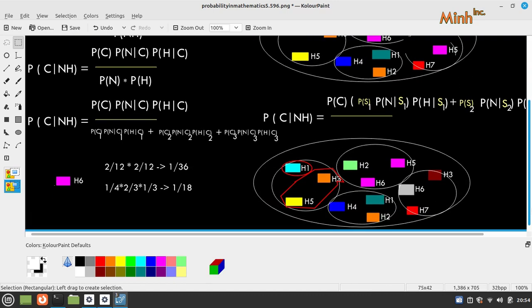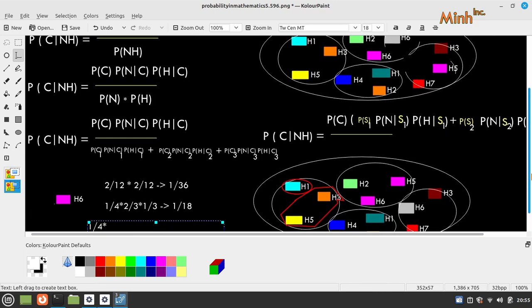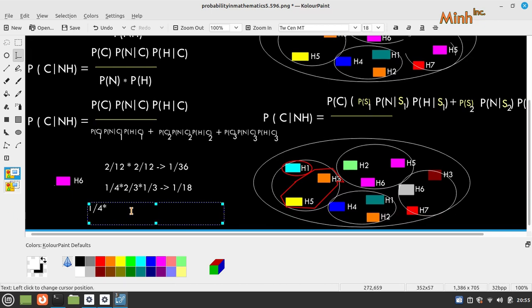If this is the scenario, then if we calculate now, 1 by 4, 1 by 3, 1 by 3 into 1 by 3 plus 1 by 4 into 1 by 3.